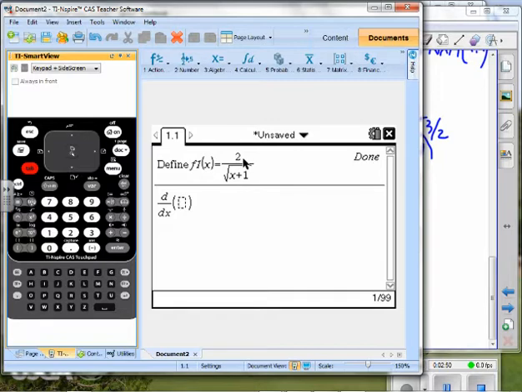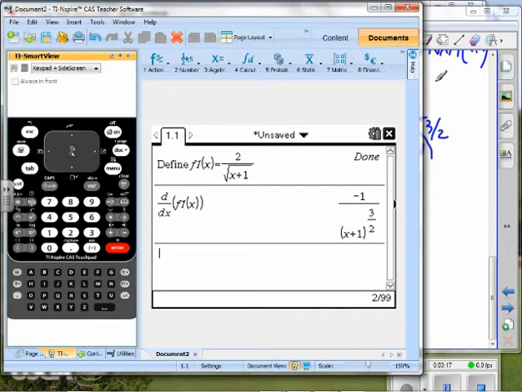We could retype 2 divided by the square root of x plus 1, or we can be lazy and type f1 of x, which is what I'm going to do. You can retype it if you wish. Notice that when I type f1, it knows it has a defined value. When you press enter, do we get our answer? Man, I love that. Okay. I love that.